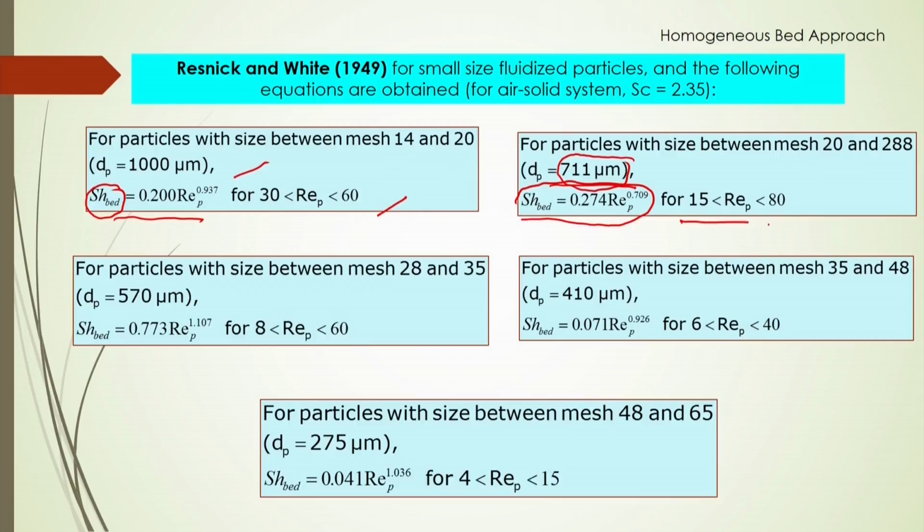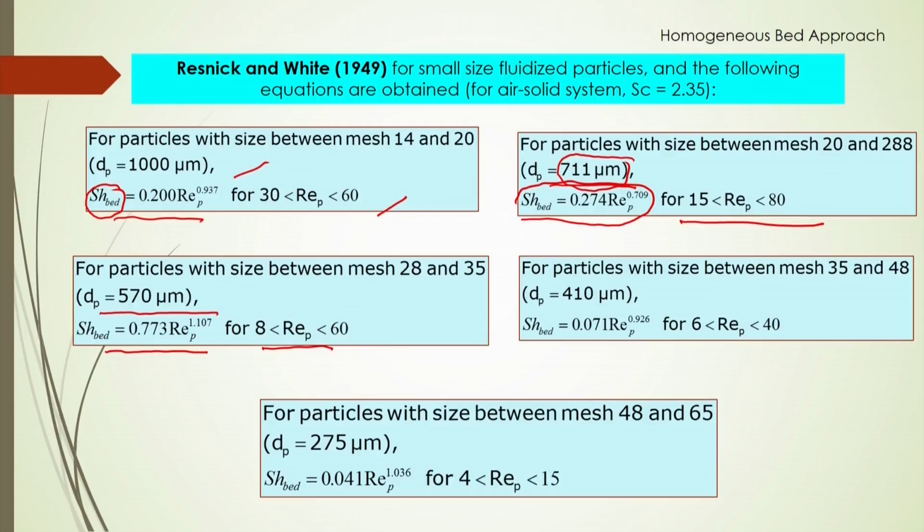This equation applies when the Reynolds number is within the range of 15 to 60. Similarly, for a particle diameter of 570 micrometers, within the Reynolds number range of 8 to 60, this mass transfer coefficient can be calculated.